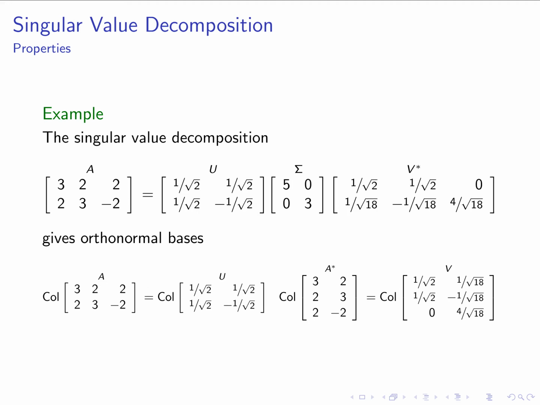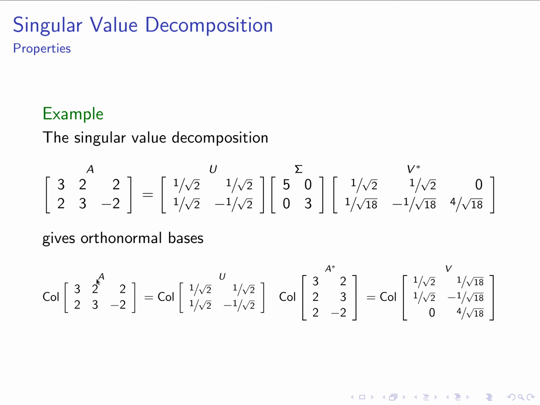So what does this do for us? Well, if we are given our singular value decomposition, so here we have our 2 by 3 matrix and its singular value decomposition, this automatically gives us orthonormal bases of the column space of A and the column space of A conjugate transpose.